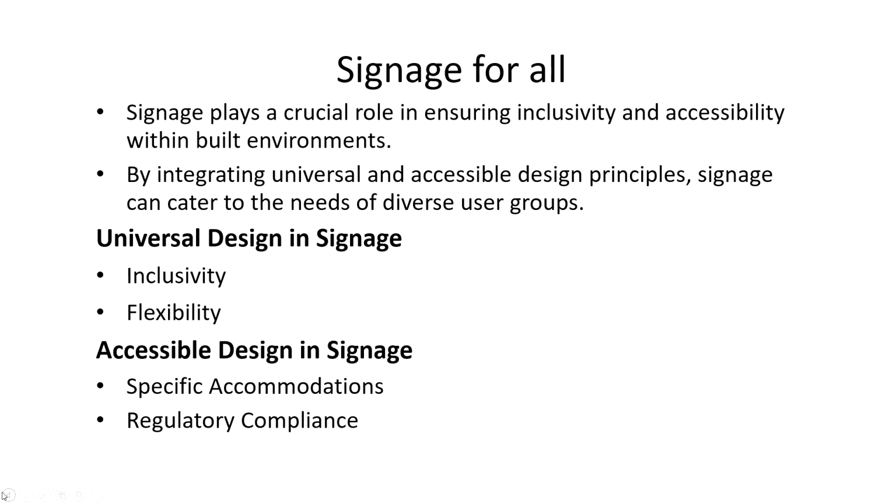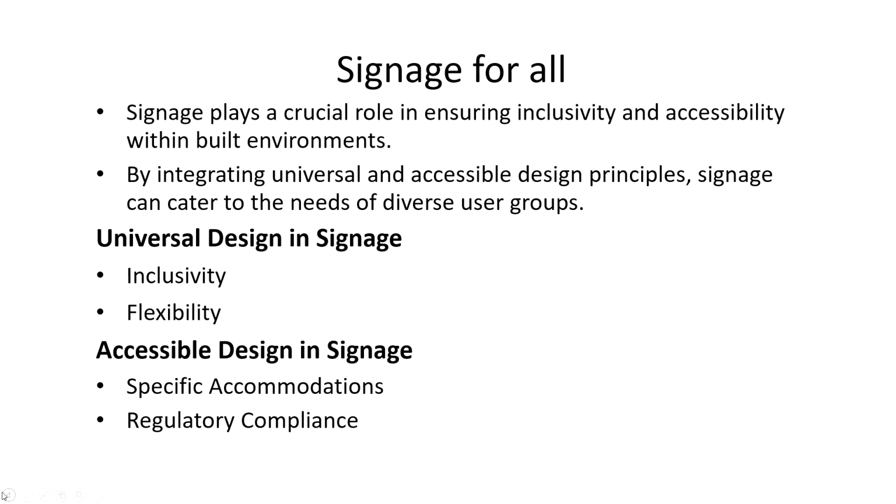In this section of signage for all, we will be getting into the importance of signage design in creating inclusive environments through universal and accessible design principles. Let's understand what this universal design is in signages.